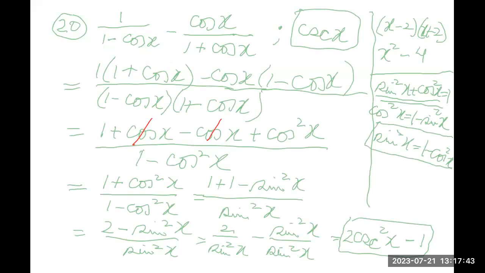So if you take the square root of both sides, you get sine x equals, every number has two square roots, a positive and a negative, so plus or minus square root of 1 minus cosine square x. So we can replace that sine x by plus or minus square root of 1 minus cosine square x.